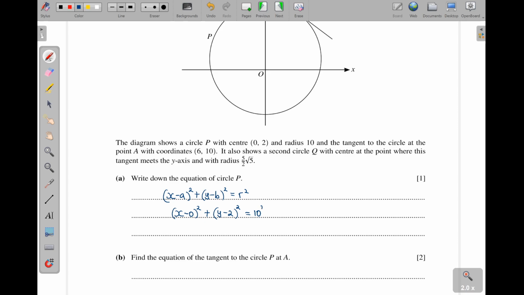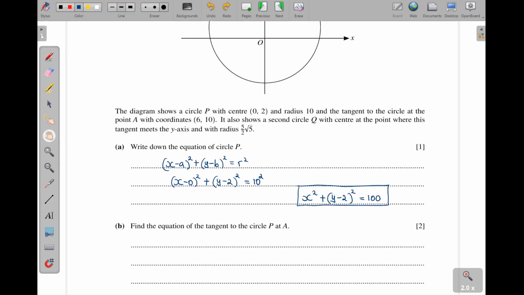So we have our answer as x² + (y - 2)² = 100. As simple as that. You can leave it in the completed square format, or you can expand this, but that will be a waste of time.